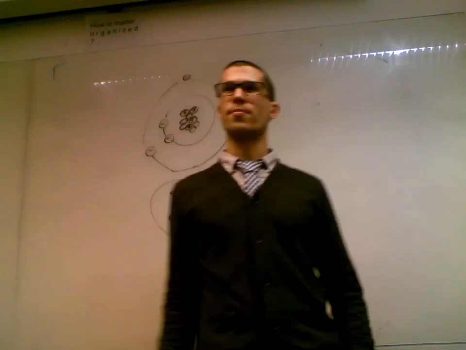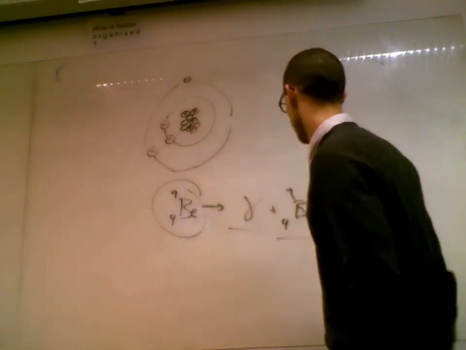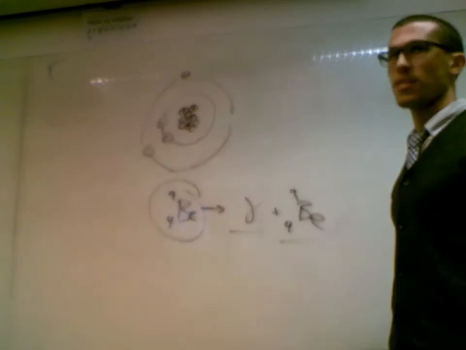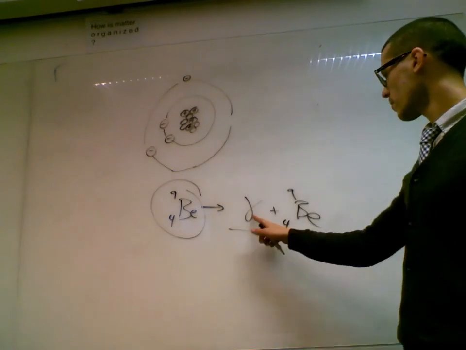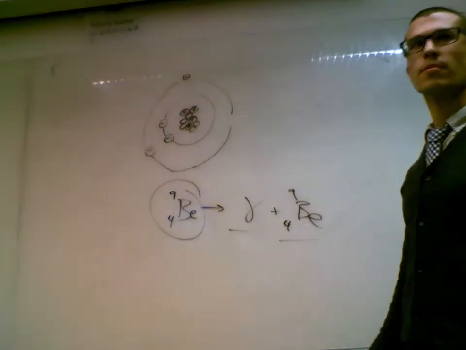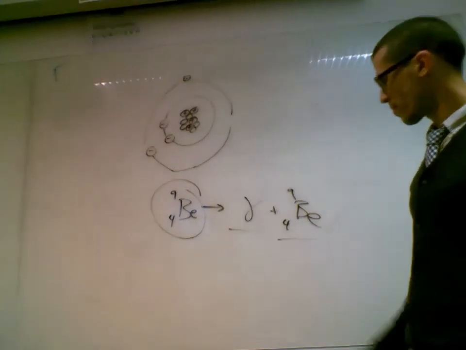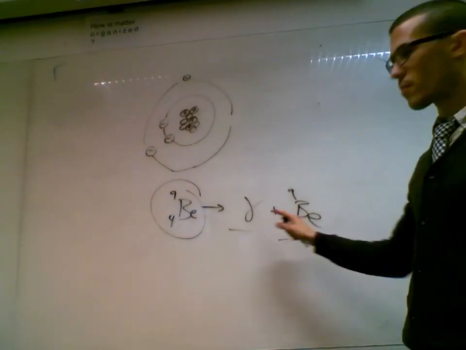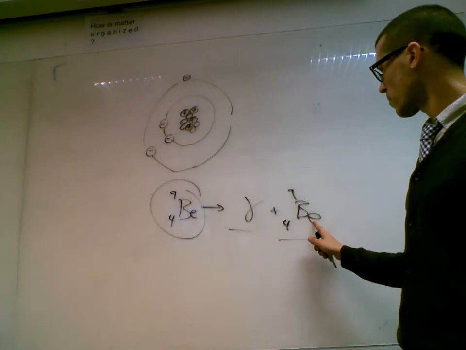So for alpha, it's helium. Then this is just gamma. Then the beta is E -1, and the alpha is helium.